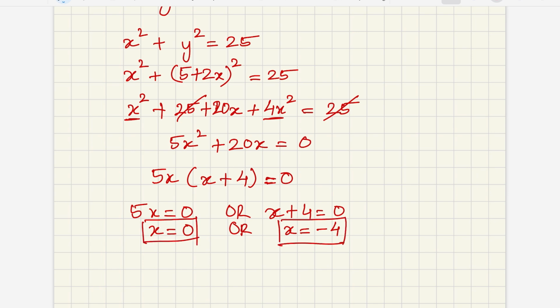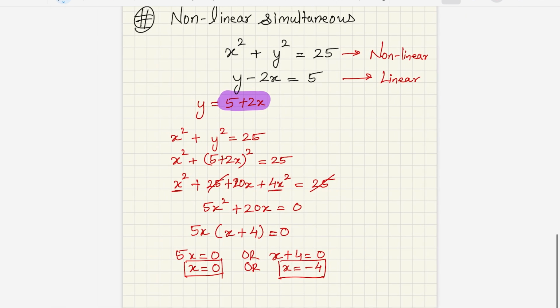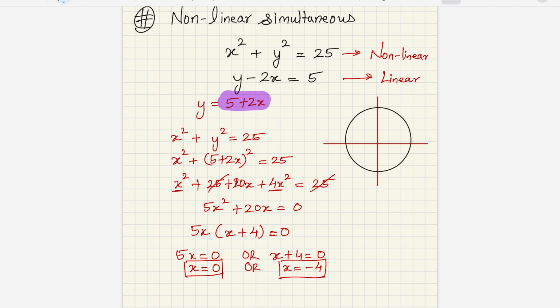Now, if I see the graphical solution for this, here I have a non-linear equation, which means it's the equation of a circle where the radius is going to be 5, and a line is passing by. A line cuts the circle in 2 points.